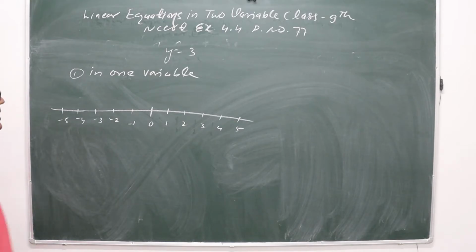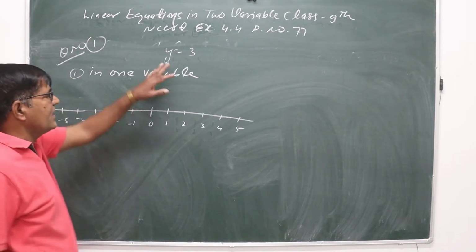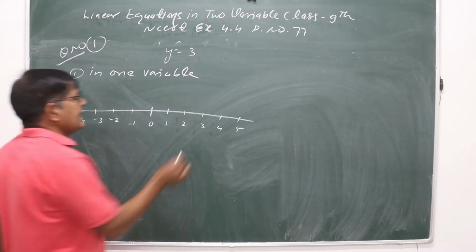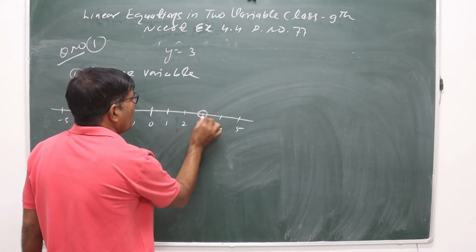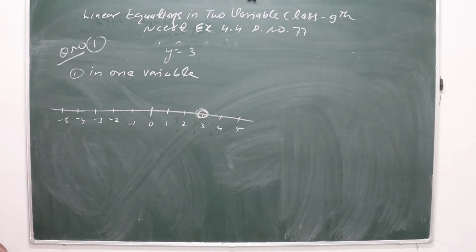Now the equation is y equals 3, which is a positive quantity, so on the right side, y equals 3. This point will represent y equals 3 in one variable.